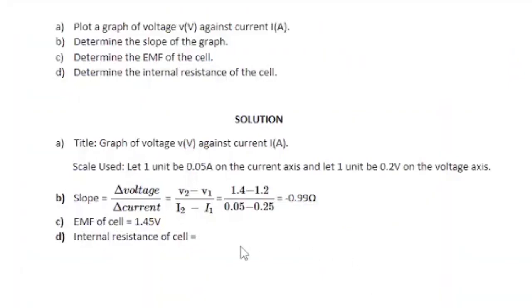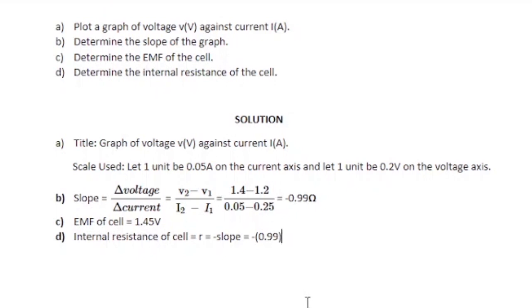So note that internal resistance of a cell, that's small r, is equal to minus the slope. That's all. And this will be equal to minus, my slope is 0.99 ohms, so it becomes minus into brackets 0.99 ohms.